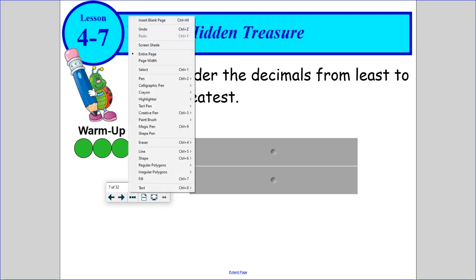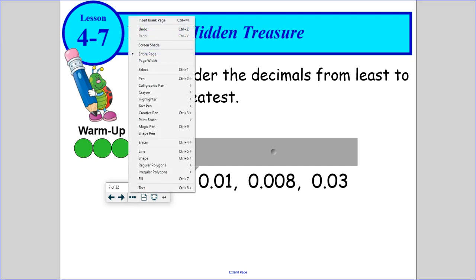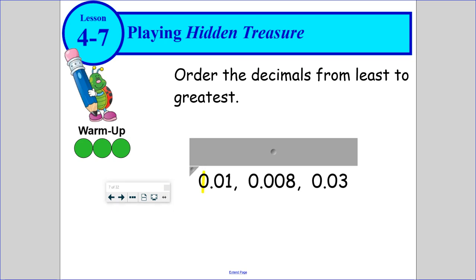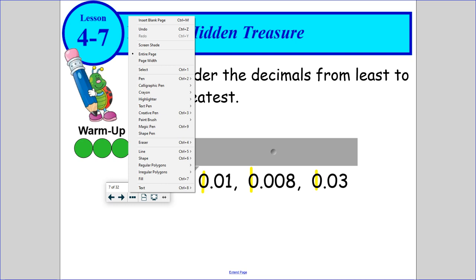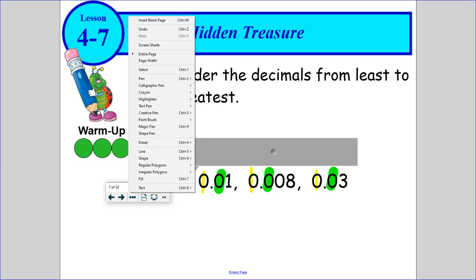We'll do one more, but a little bit more challenging. 0 and 100th, 0 and 8 thousandths, 0 and 300ths. When we're comparing, doing that same thing, I'm going to use a highlighter this time. We see the ones place is all zeros. We see the tenths place, again, is all zeros. So now we're going to look at the hundredths place.